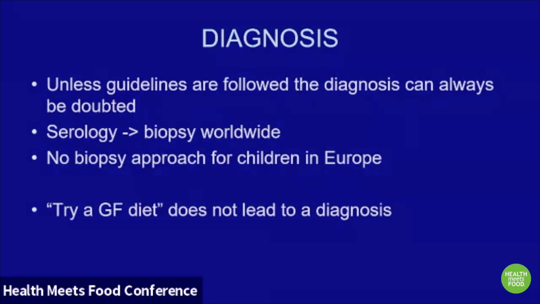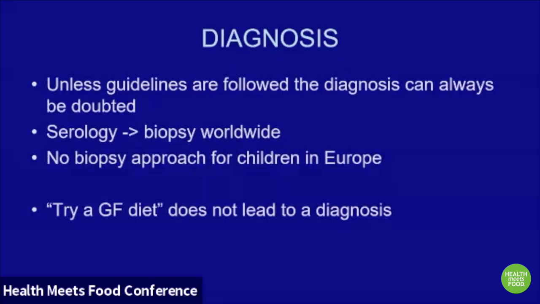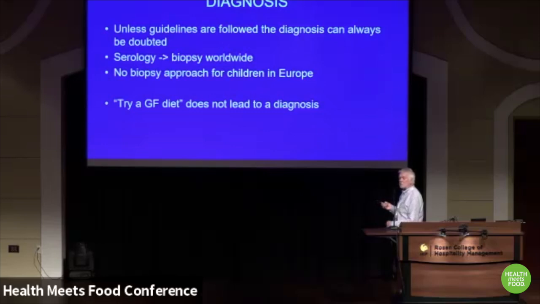And so to diagnose celiac disease, there are guidelines. And unless the guidelines are adhered to, the diagnosis could always be in doubt. In this country and in most countries, a biopsy is considered to be the gold standard of diagnosis. There are criteria in Europe for diagnosing a child without a biopsy, but they're very strict criteria.